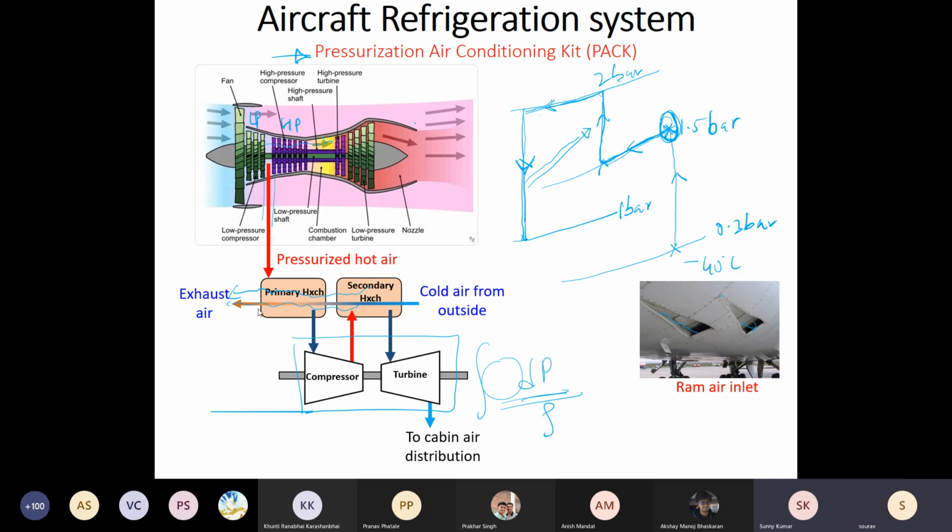And the air required for cooling in these two heat exchangers is also from the ambient, and we have these two inlet ports. So they are called ram air inlet. The air gets rammed into a smaller area.